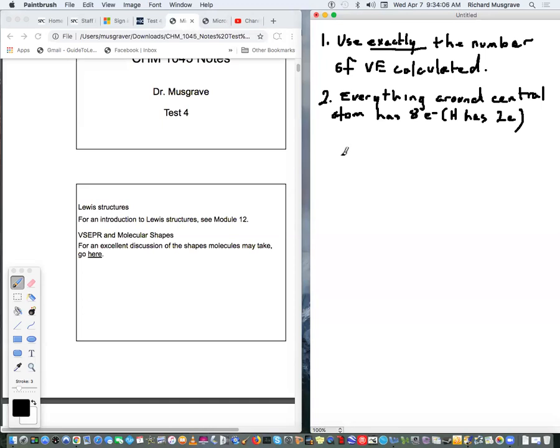What we know is that if the central atom is a metal, it will not form double bonds.